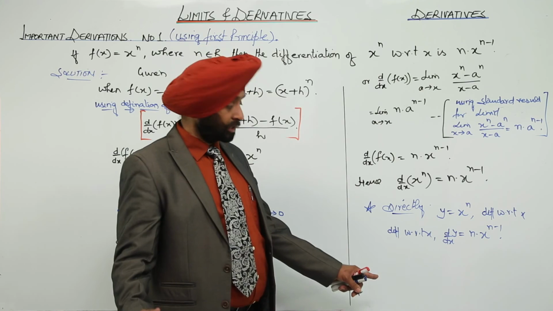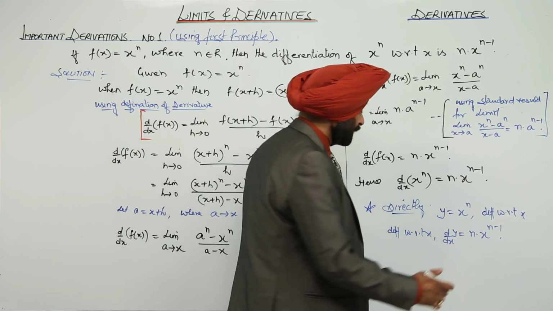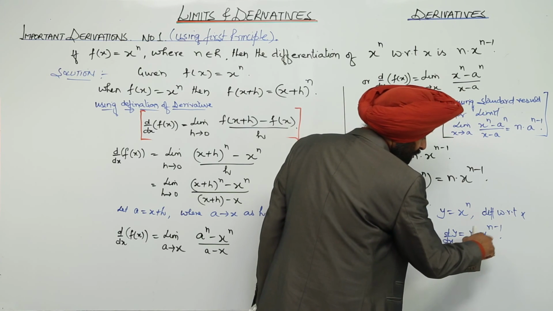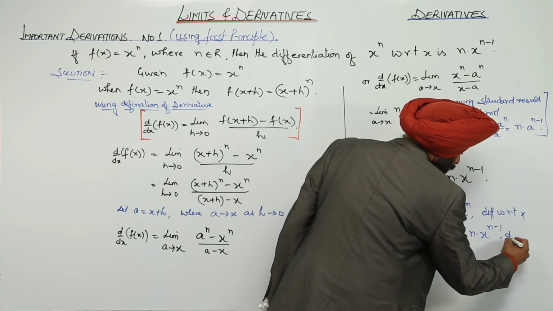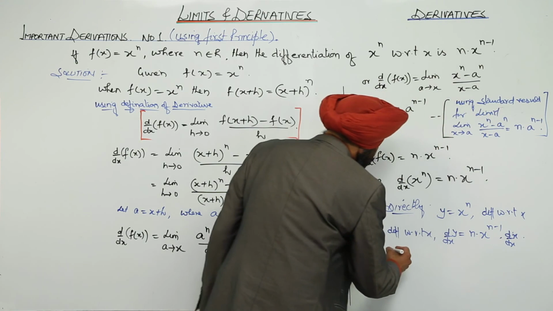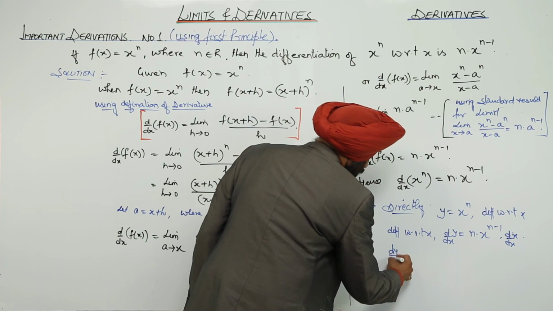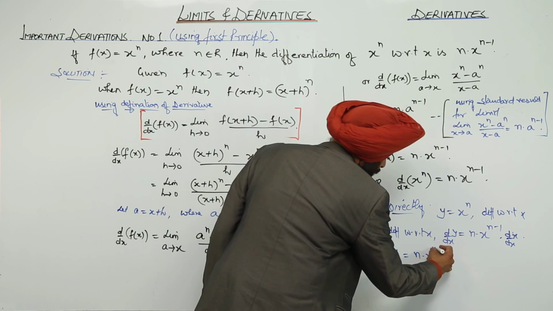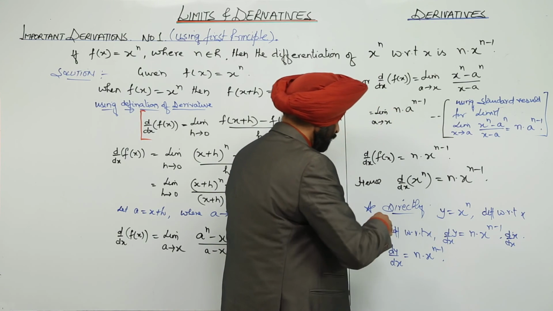So this is the basic result: dy by dx, n comes in front, n times x raised to power n minus 1 into d by dx of x. So this becomes dy by dx is equal to n times x raised to power n minus 1.